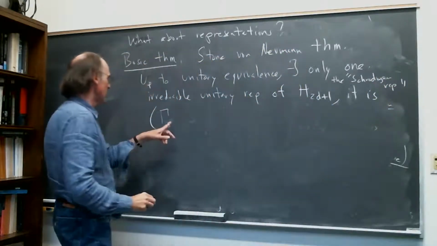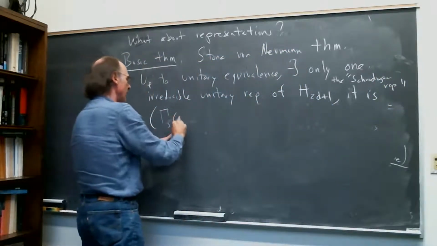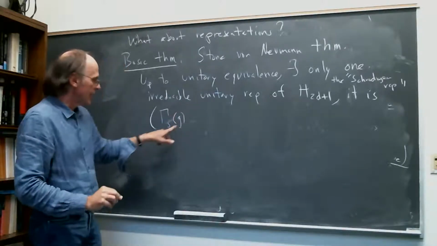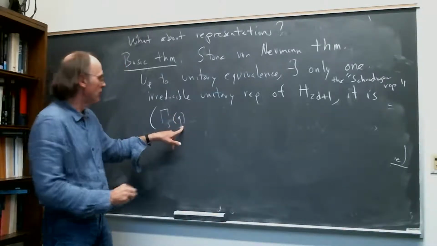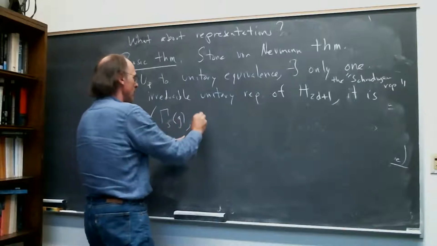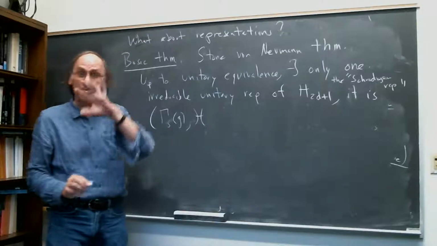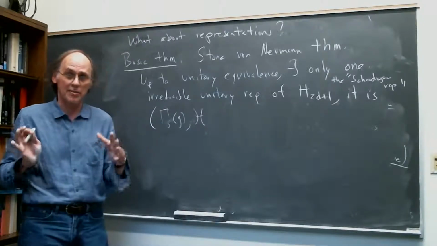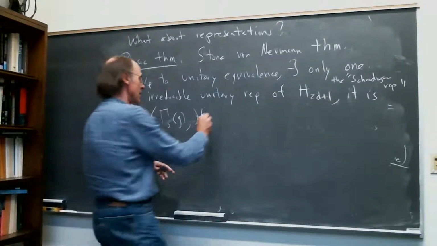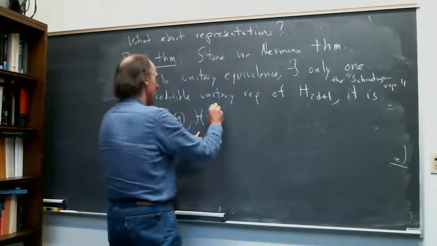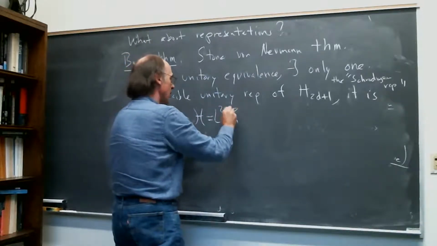For elements of the Heisenberg group, you get operators acting on a representation space, and this representation space is infinite dimensional. This is not a matrix representation, and you might as well think of it as L2 of R^d.